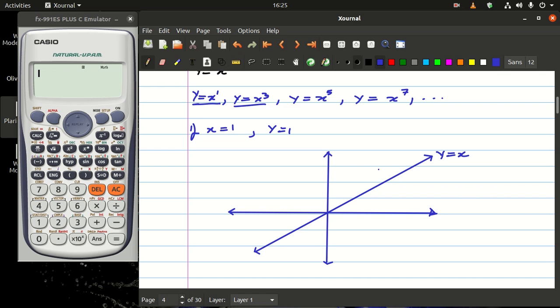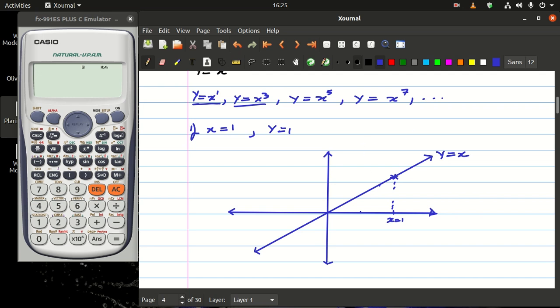Now that we have that, how does this one look like? So what we do, we know that at some point here where x is equal to 1, all these functions are going to be equal. In other words, they are going to intersect there.